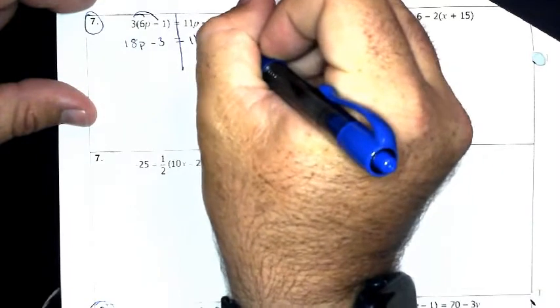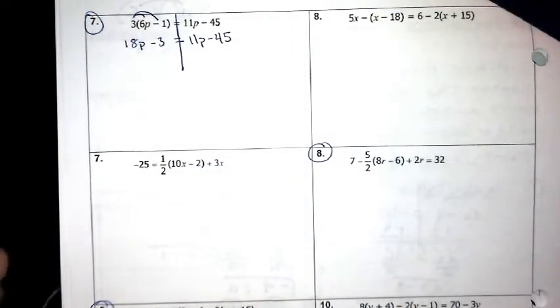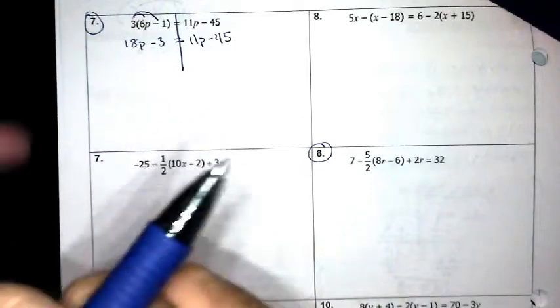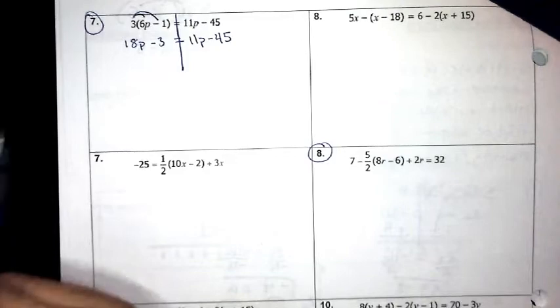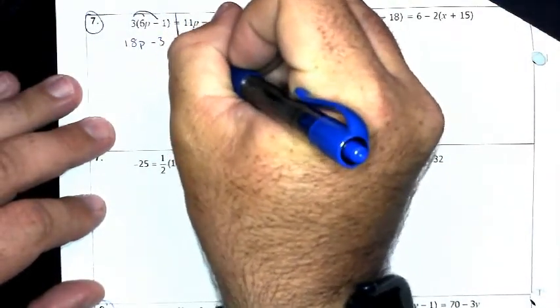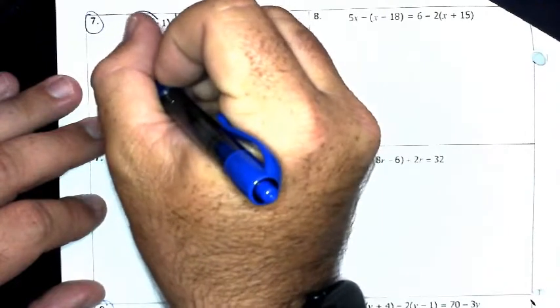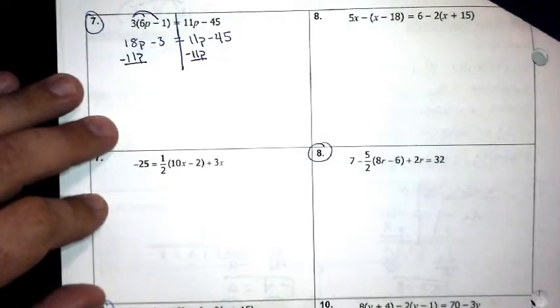Once I distribute and combine like terms, my next step is to make sure that all variables are on the same side of the equal sign. Coach Kimball prefers to do that where I move everything from the right to the left. Remember, to move a variable, you must do which 2 operations?